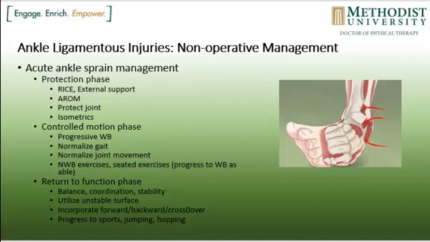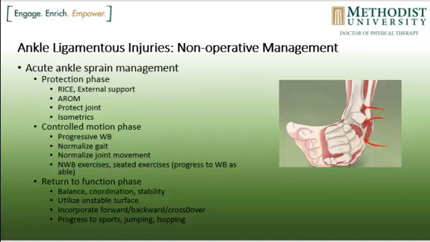You don't want to perform joint mobilizations that will stress the joint or the ligament that was torn. Non-weight bearing exercises and seated exercises, progressing to weight bearing as able. A grade 1 strain will progress to weight bearing exercises much faster than a grade 3 strain will.